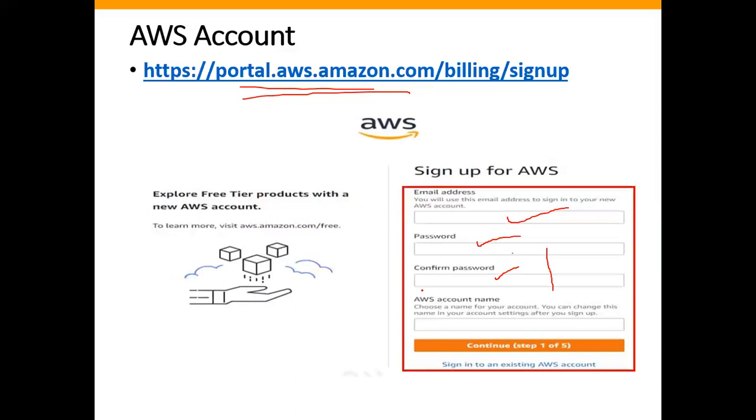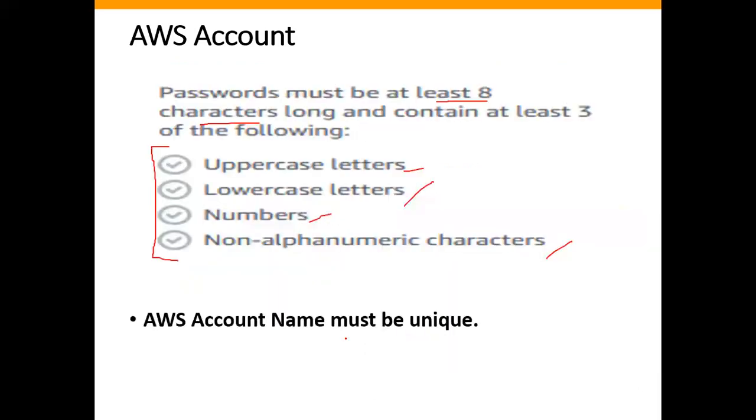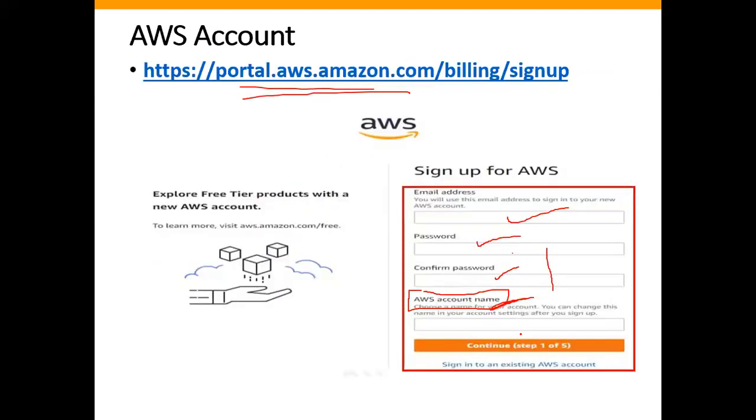And here you need to give your AWS account name. An AWS account name must be unique globally. Whatever account name you are giving, that particular account name needs to be unique. That name is not used by some other person, so you need to give a unique name to your AWS account.